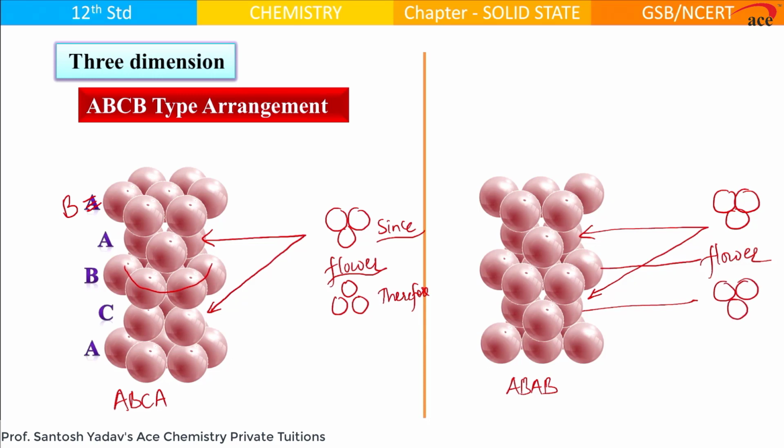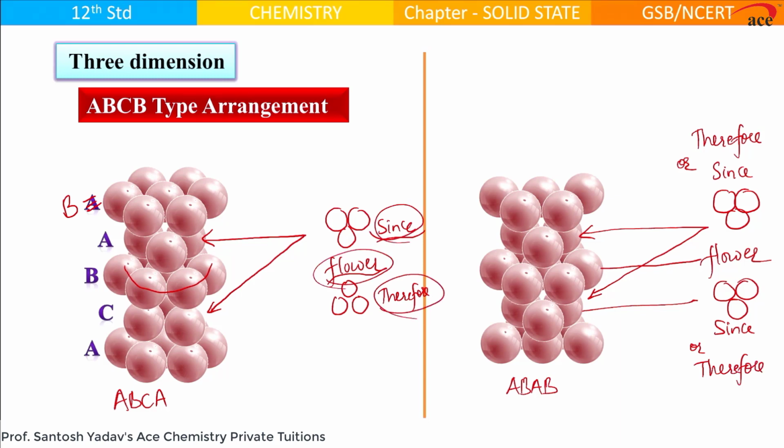So, you can call it symbol, flower, symbol. Or if somebody calls this the reverse symbol, then this also will be called the reverse symbol. So, you can call it symbol, flower, symbol, or reverse symbol, flower, reverse symbol.